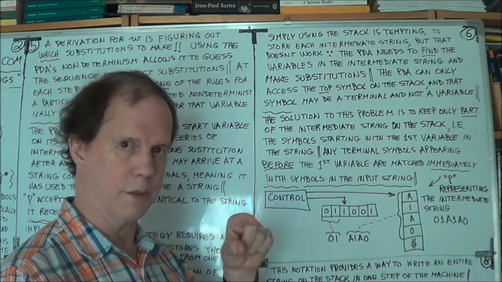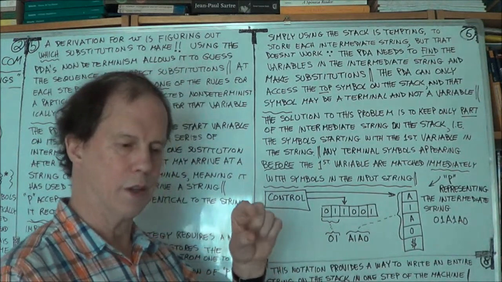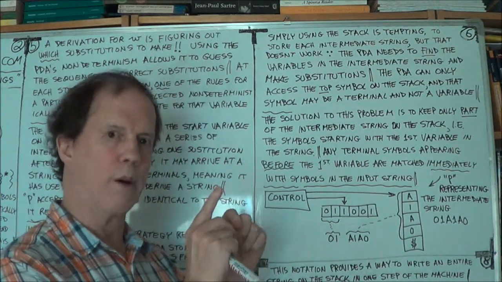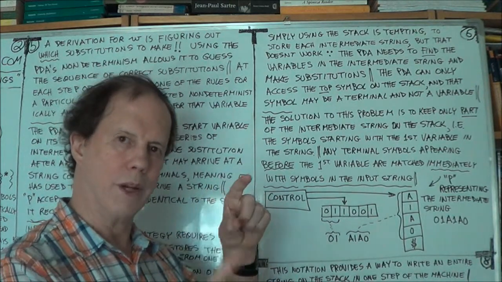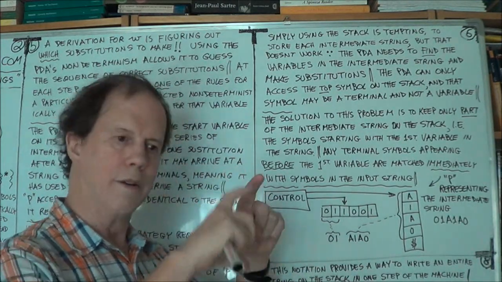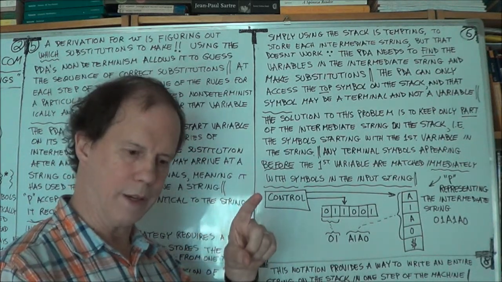So in other words, the variable at the top of the stack. You're going to pop that variable, and then you're going to push the right-hand side of that rule onto the stack.